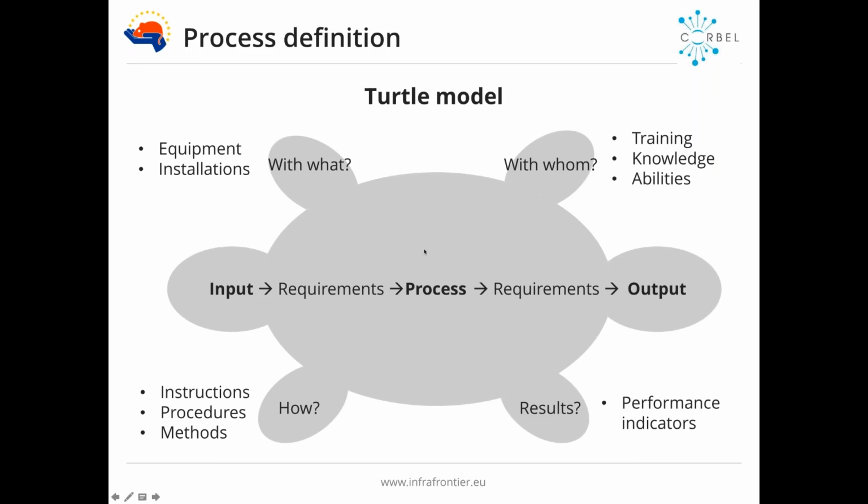So in order to achieve this output, what kind of installations, equipment do I need? What personnel do I need? So the level of training, knowledge, abilities in your personnel, what methods, procedures, instructions are applied, and also the results. So how is the performance measured? How do you measure the results?